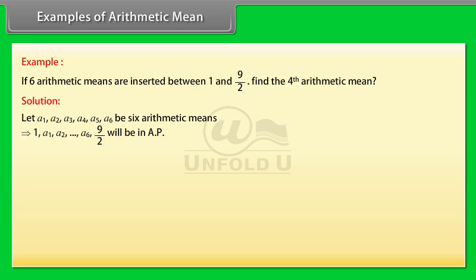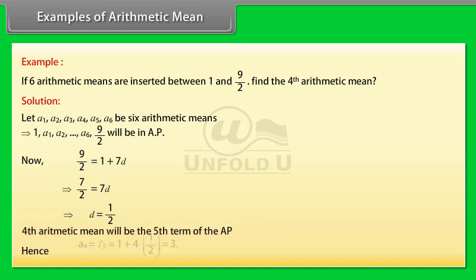It implies 1, A1, A2 up to A6, 9 by 2 will be in arithmetic progression. Now 9 by 2 is equal to 1 plus 7D. It implies 7 by 2 is equal to 7D. It implies D is equal to 1 by 2. Hence, A4 is equal to 1 plus 4 into 1 by 2, which is equal to 3.